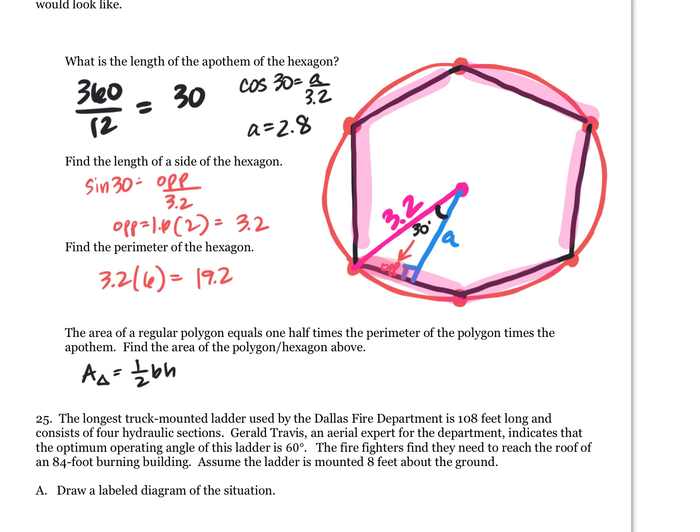All right, so if we're doing 6 big, you're saying 1/2. What is my base of the big black triangle here? 3.2. What was the height? 2.77 or 2.8, you can totally write 2.8 because I don't like writing a lot of decimals. You cannot type 2.8. You cannot type 2.77.